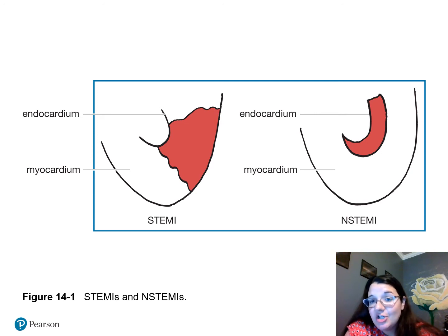That is the inner heart tissue, the inside. It's only partial of your myocardium. So a STEMI occurs in your myocardium, and when you're determining whether it is a STEMI or a non-STEMI, that depends on whether it is full thickness or partial thickness. If it is partial thickness, it is right below the endocardium.